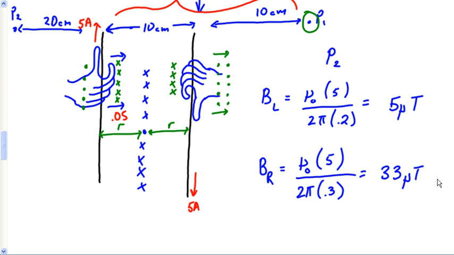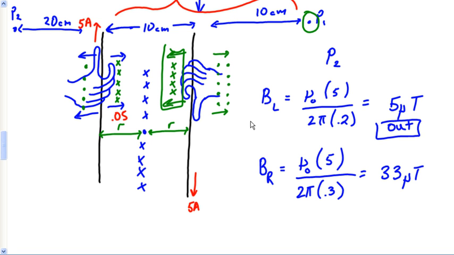Now we need to figure something out. Are each of these in or out? So let's do the left wire. Anything to the left of the left wire is coming out of the page. Write that here and circle it since I'm using the same color. Now I'm going to go to the right wire.